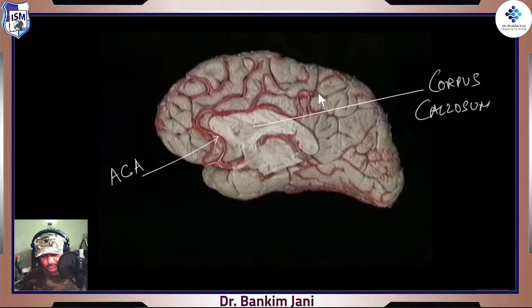And that's the range, that's where it is supplying all the way, right? So let's change the color and we mark that all the way this portion is getting supplied by anterior cerebral artery, this portion, right?